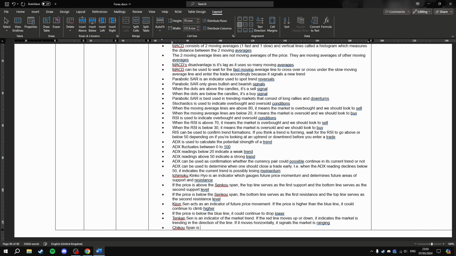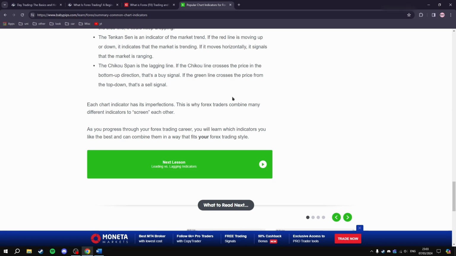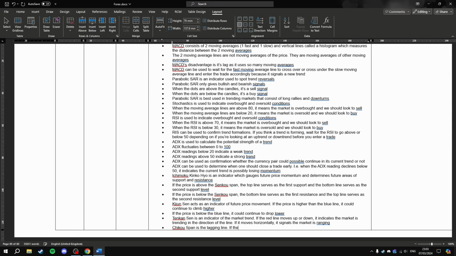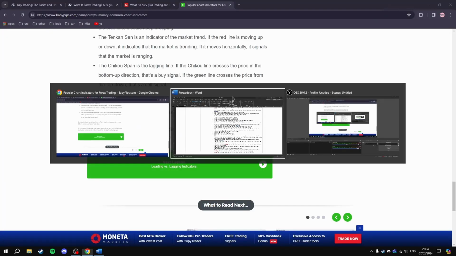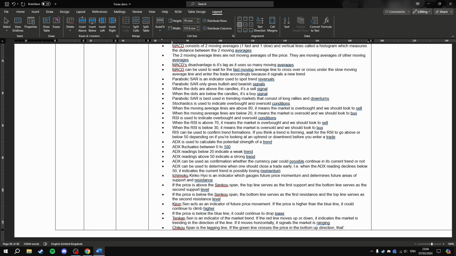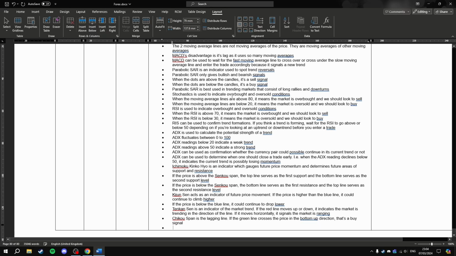Chikou span is the lagging line. If the green line crosses the price in the bottom up direction, that's a buy signal.